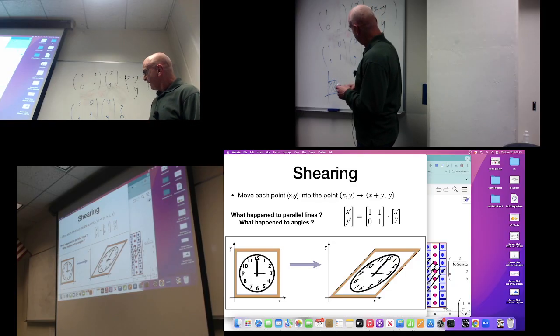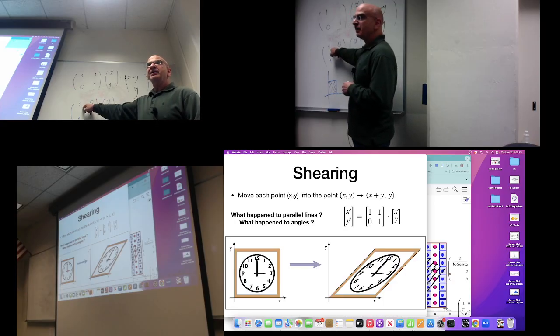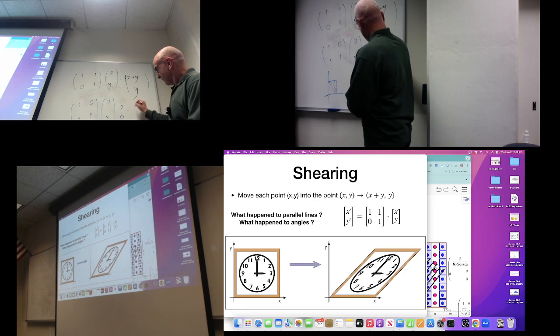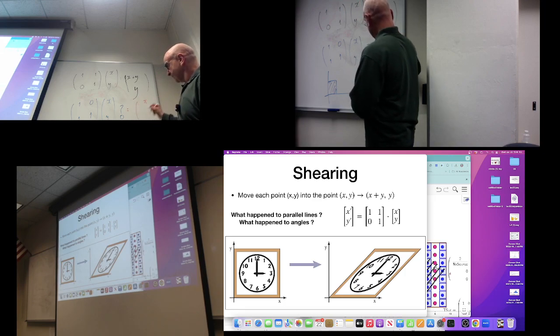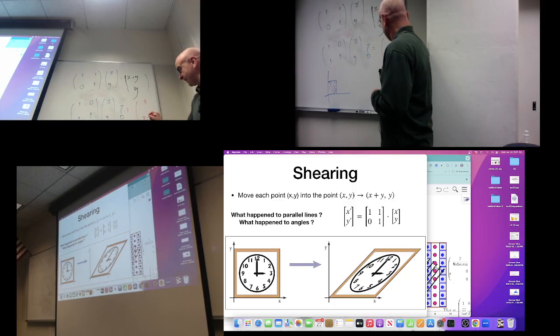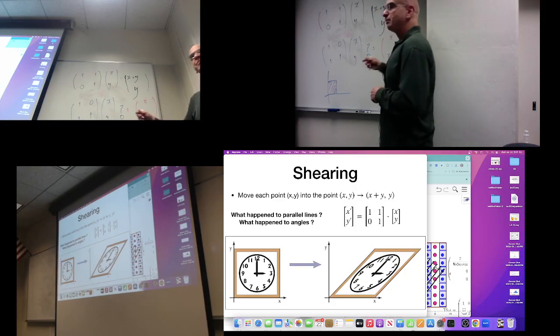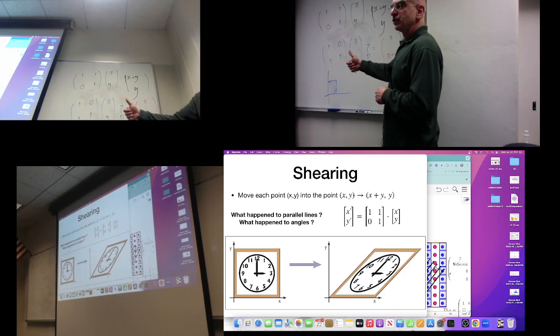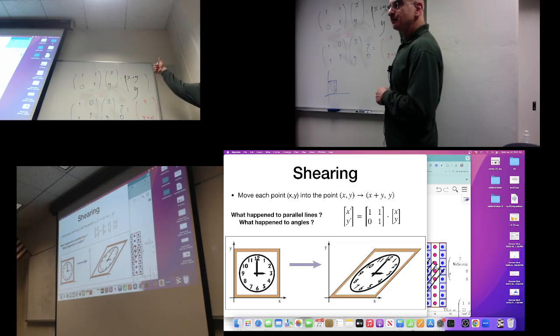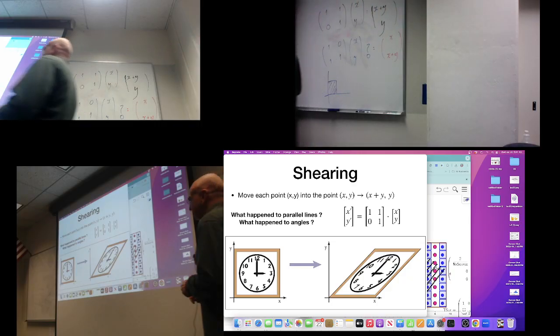What happens to the x value of a point? The x value, write it down, x goes to x, while the y goes to x plus y. So points will shift upward, and the more to the right you are, the higher you go. Right.